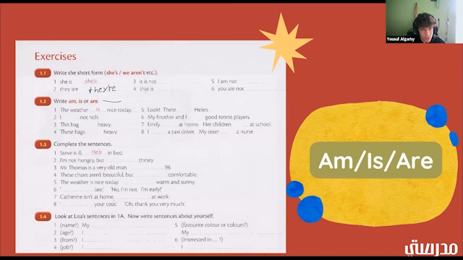Number three, it is not. We turn that into it's not. All right. So that would be it, and then you put an apostrophe, and then you just put not. Sorry, my handwriting on the mouse isn't very good, so, but hopefully it's readable. Now we have that is. All right. That changes to that's.